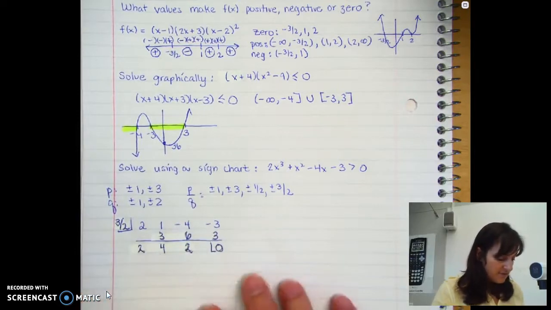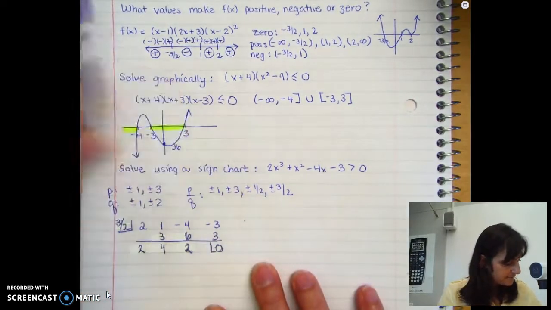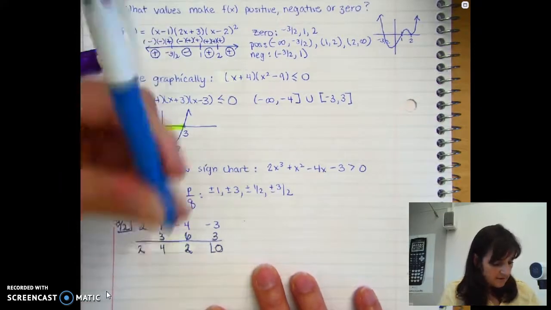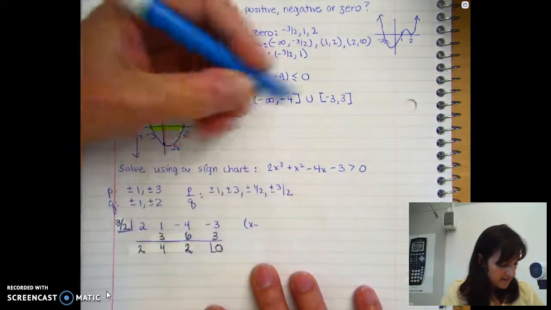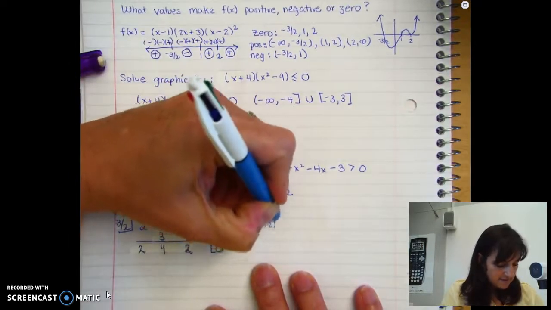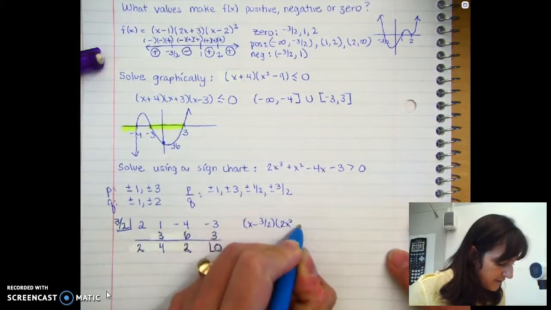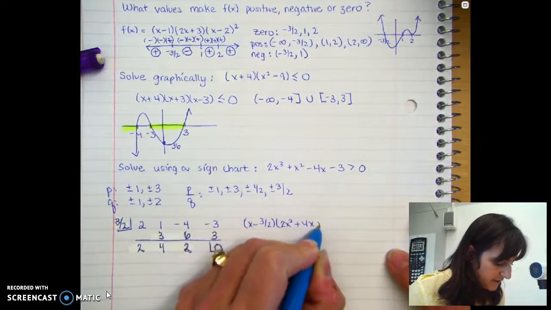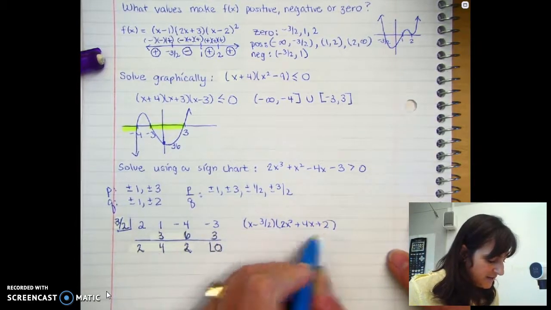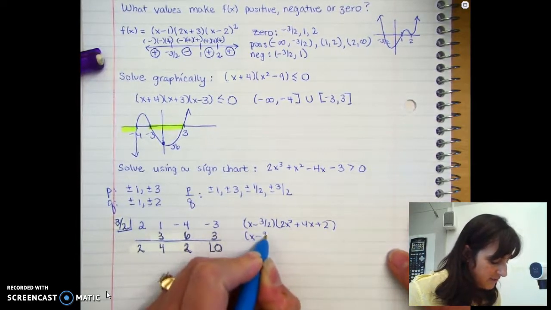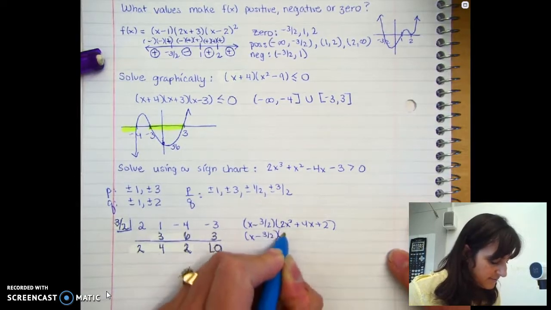So the factored form of this expression is going to be, I think I can use pen now, x minus 3/2, and then this is my reduced polynomial, so we'll have 2x squared plus 4x plus 2. Now I can factor a 2 out of there, and then finish factoring that trinomial.